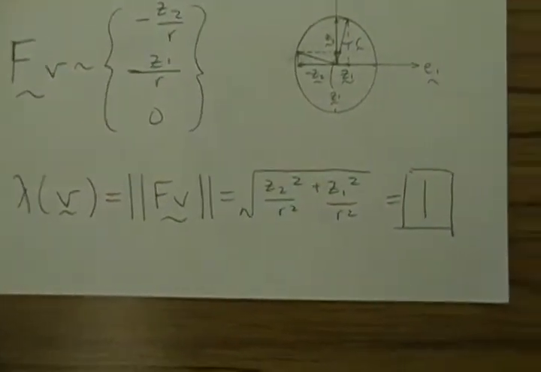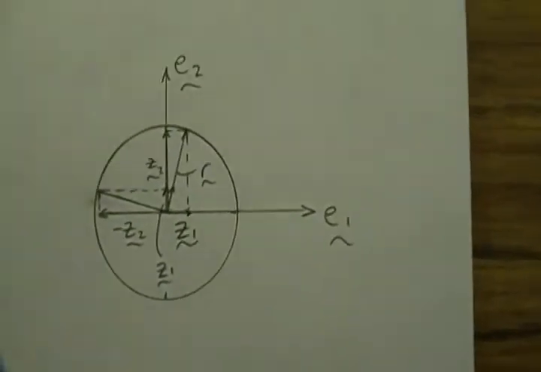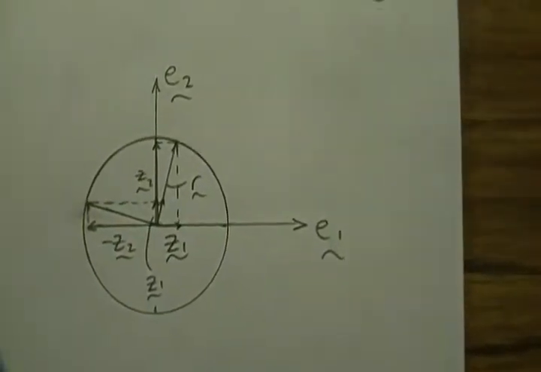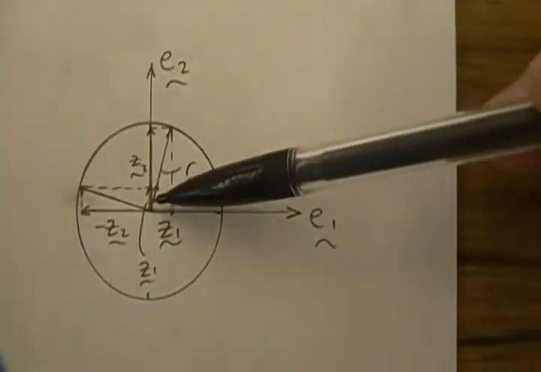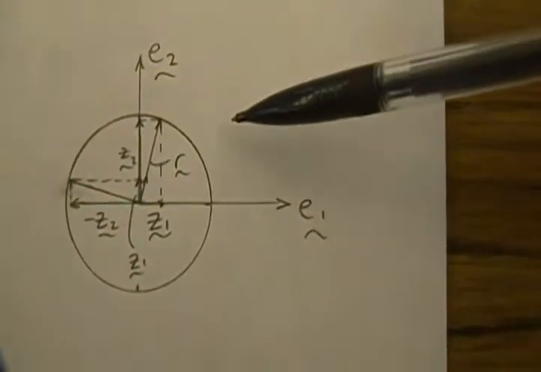To illustrate what the vector v looks like, we have our vector r, which has a z1 component and a z2 component.